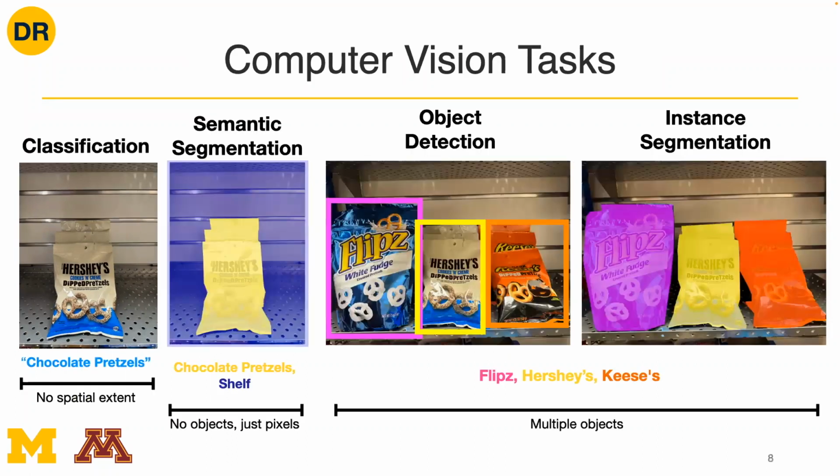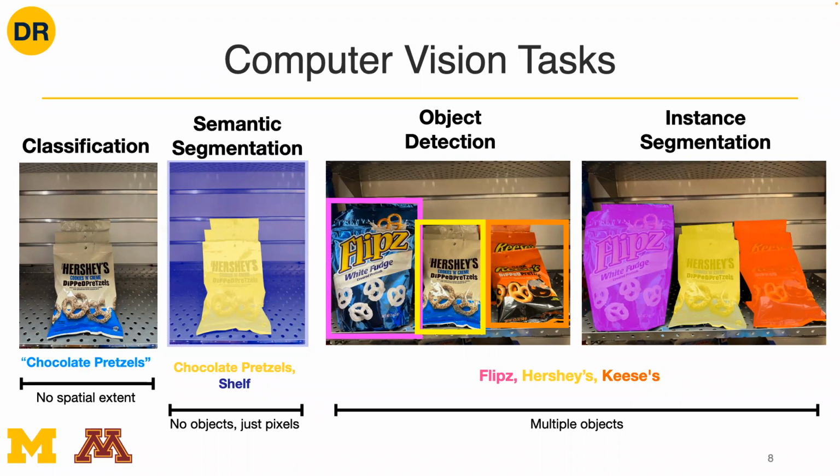So, but there are other computer vision tasks that are very fundamental and also very popular. You might hear this if you're looking at the literature. So the first one is classification that we already saw. Second one is image segmentation. So here you are not talking about objects, but you're talking about pixels. So you're basically classifying each pixel in your image to be one of the classes in your labels. For instance, if there are two labels here, chocolate pretzels and shells, each pixel is being classified into one of these labels.